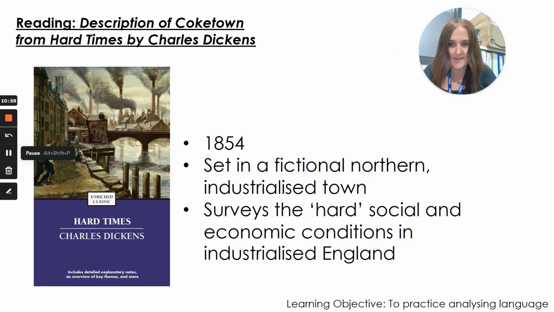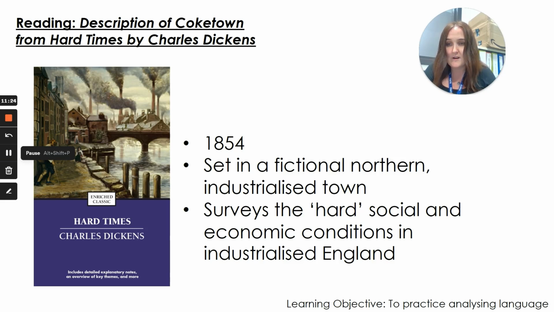Just before we read the extract, to give you a bit of context, the extract is from a book called Hard Times, which was written by Charles Dickens, who you should recognise as the author of A Christmas Carol. He wrote Hard Times after A Christmas Carol, in 1854, and the book is set in a fictionalised northern industrial town. You can see in the image that's an image of Coketown.